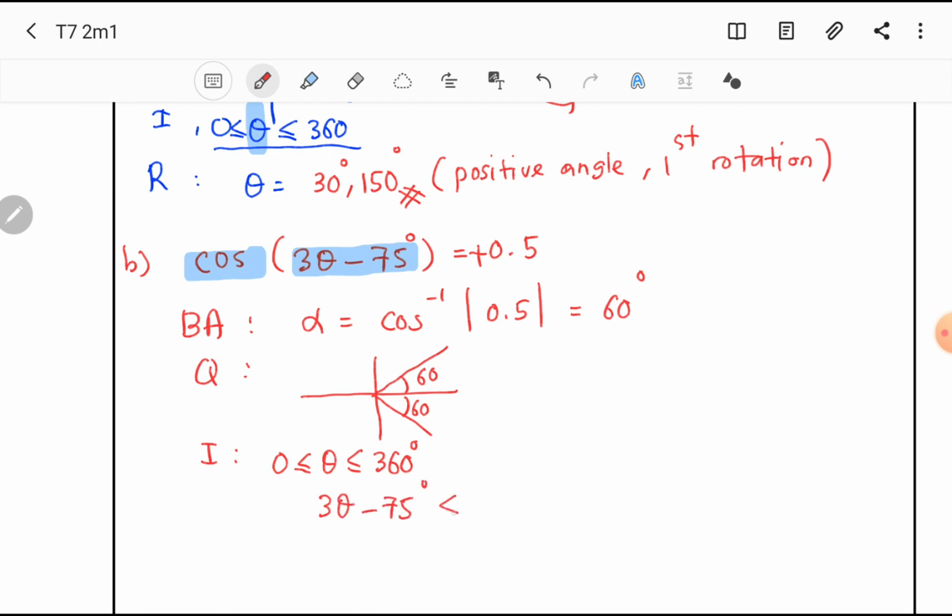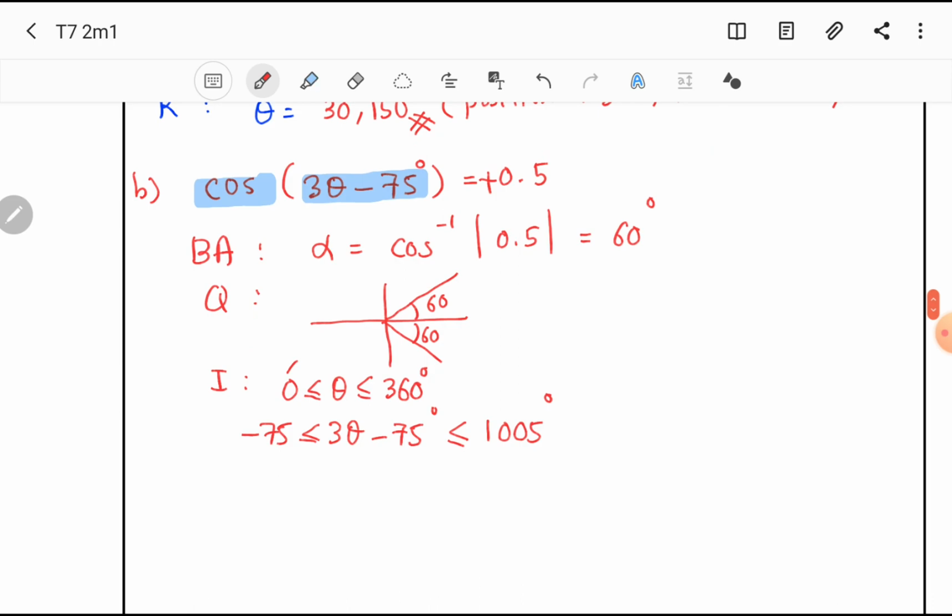So we need to find the new interval, the new range. So 3 times 0 and then minus 75, so we will get negative 75. Next, 3 times 360 minus 75, so we will get 1005 degrees.